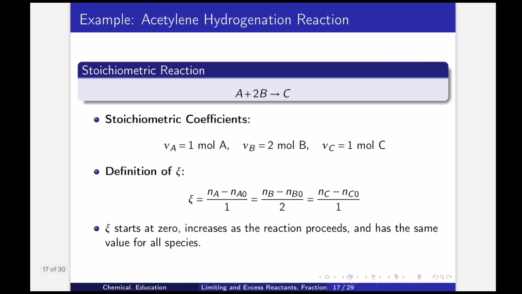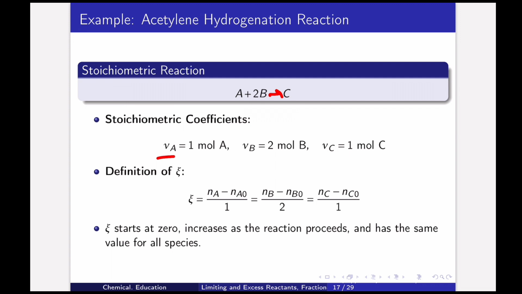Now here is one example: A plus 2B going to C. We can also take the acetylene hydrogenation reaction. Here the stoichiometric coefficient of A is 1, of B is 2, and of C is 1.